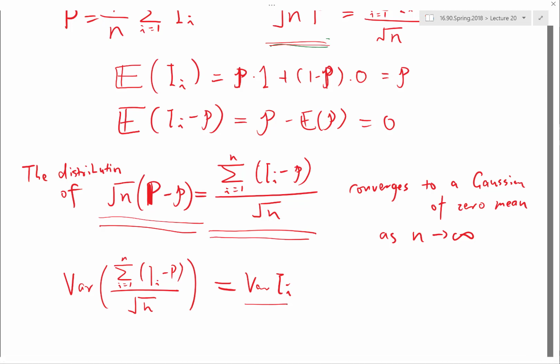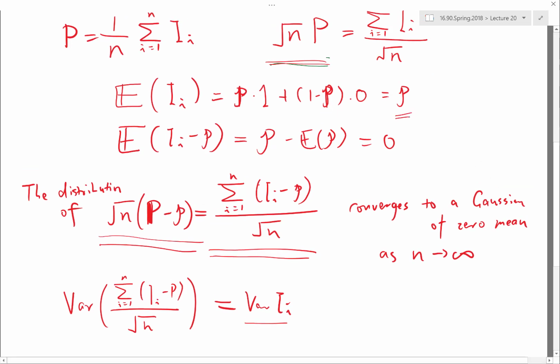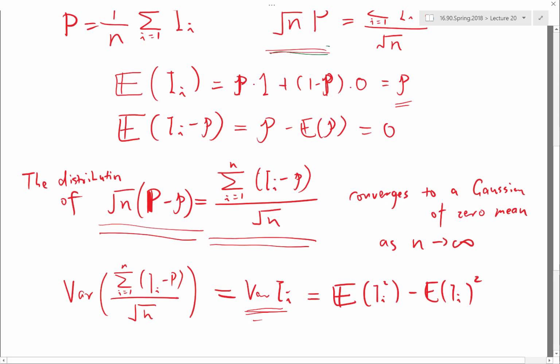Okay, so that becomes pretty easy to do. The procedure now becomes the following: you estimate the probability, and then you also estimate the variance of this I, which is what? The variance of I is equal to the expectation of I squared minus the square of the expectation of I. That's the definition.